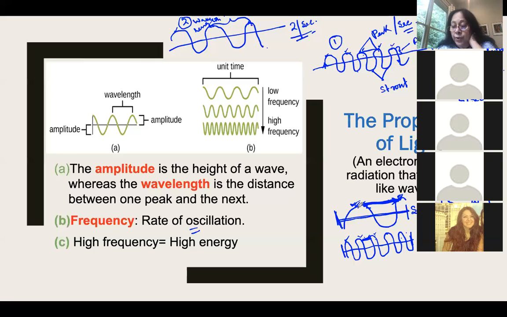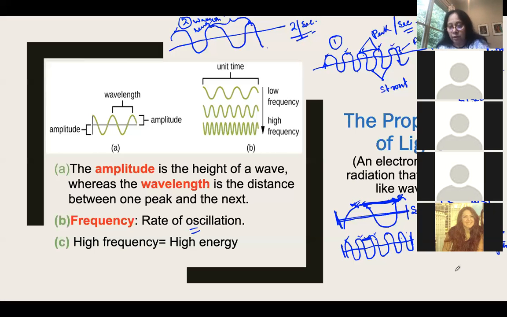If frequency decreases, wavelength increases. Okay, so F means that's the frequency, W means that's the wavelength. Clear?